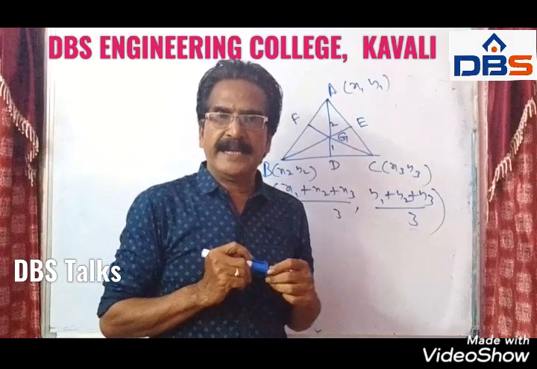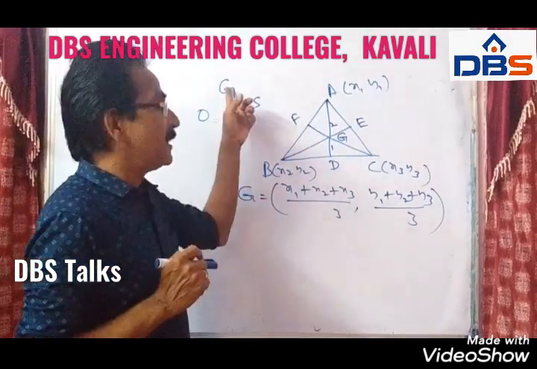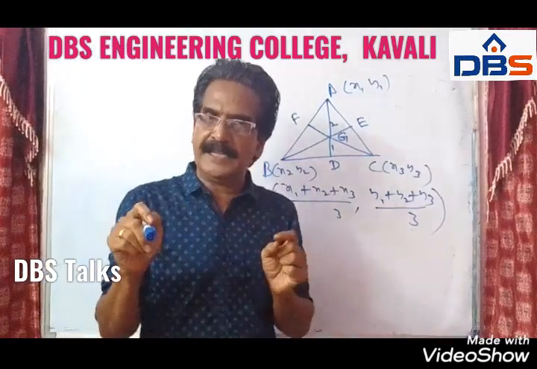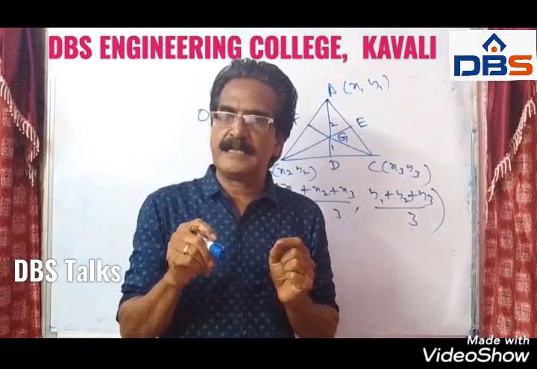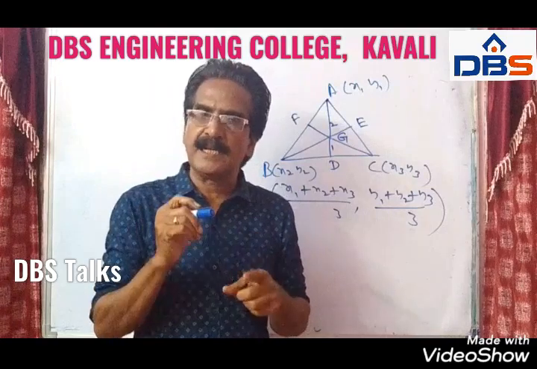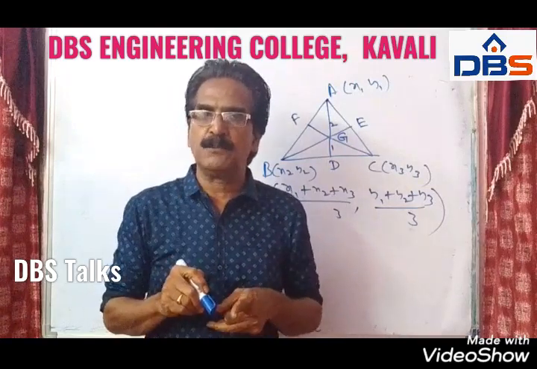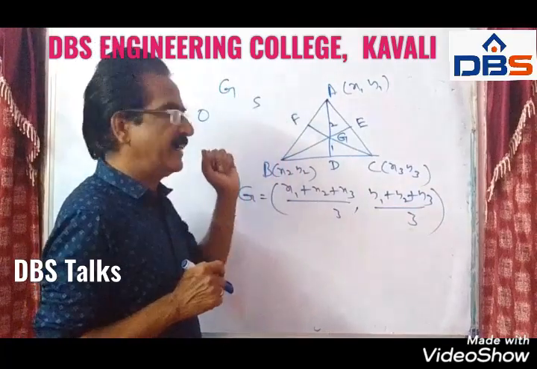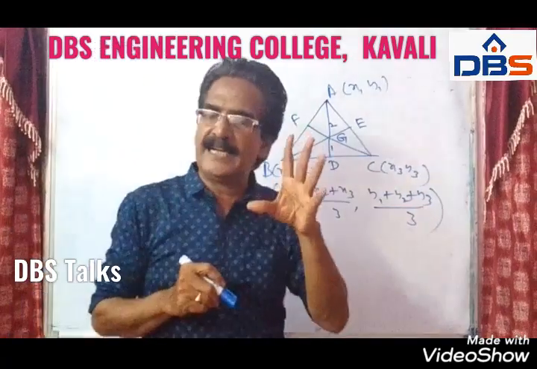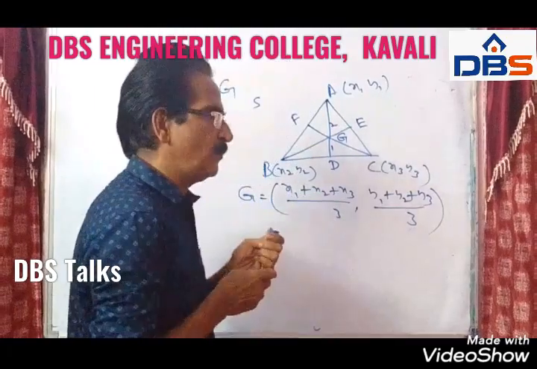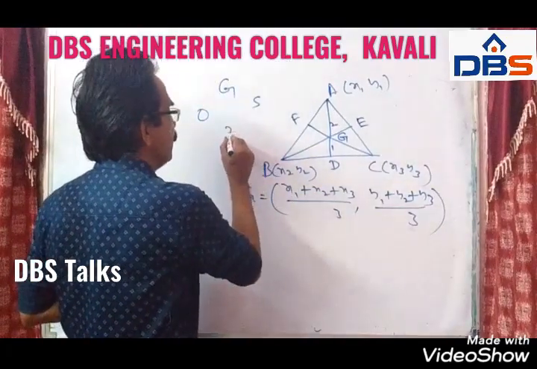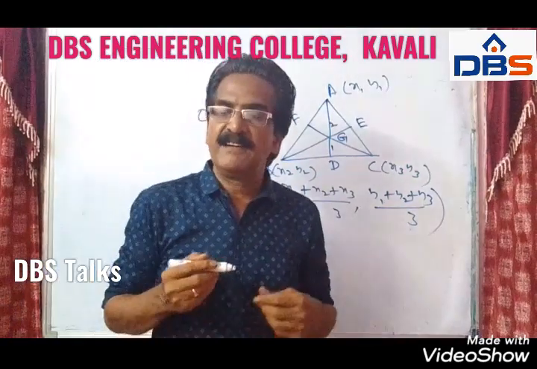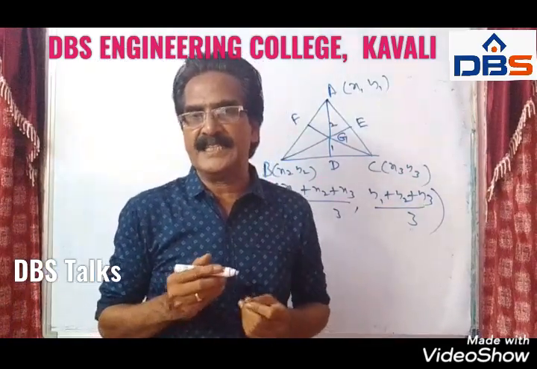This is one point, friends: G, O, S, these 3 points are collinear. And one more conclusion is that the centroid divides the orthocenter and circumcenter in the ratio 2:1. So this is one other way of finding G.